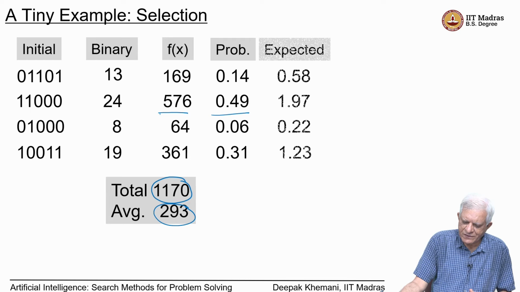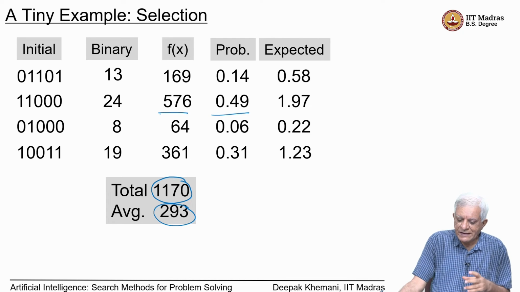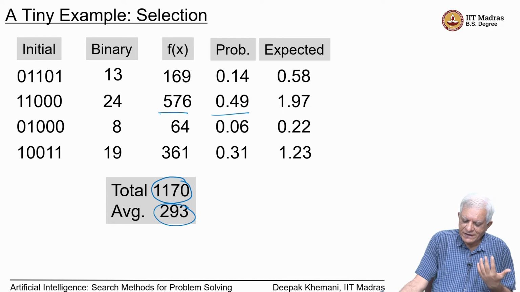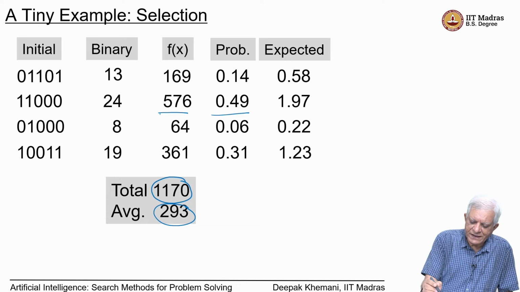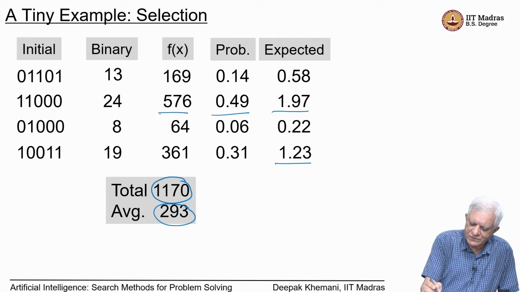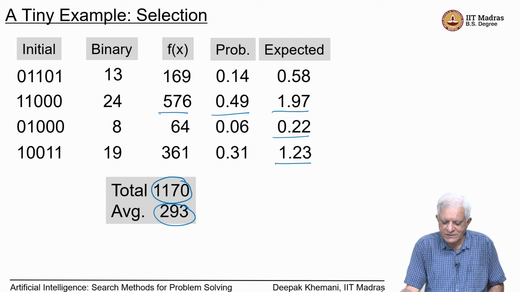So, the expected number of candidates in the selection process is that higher fitness candidates will get a higher number of representations in the cloned population, and we expect that the second candidate will come almost 2 times, the fourth one will get 1.23. This is on the average because these are expected values and so on. The third candidate does not have a great chance of reproducing itself.